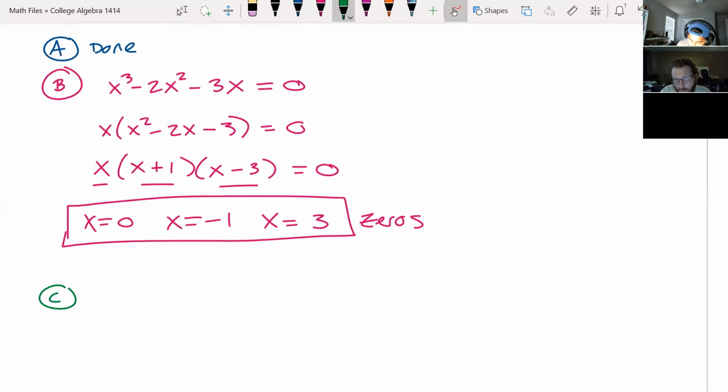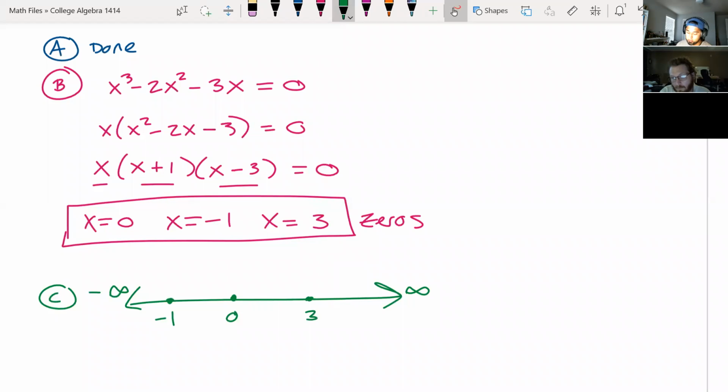So C. Here's -infinity. There's positive infinity. And then there's -1, 0, and 3.